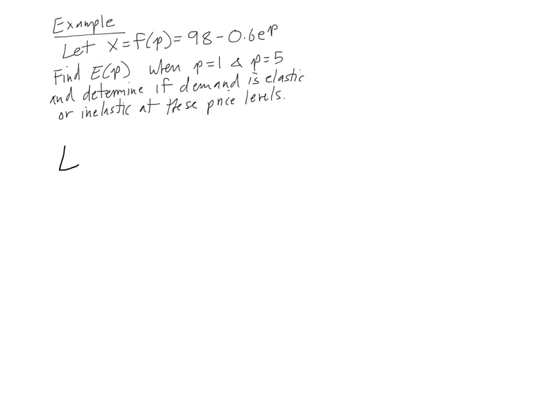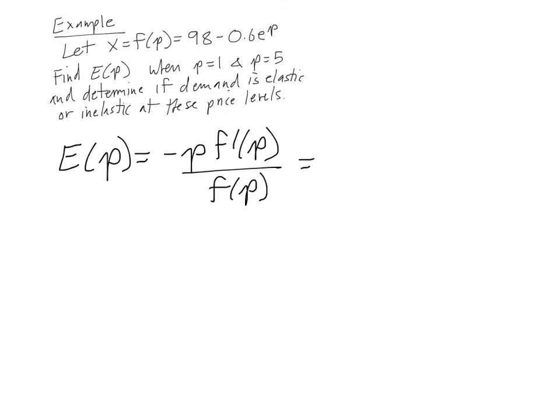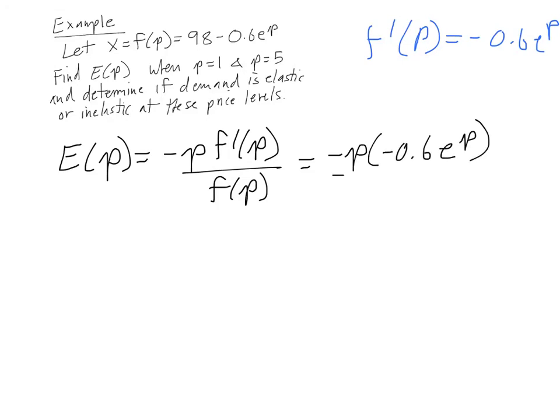The elasticity of demand is minus P, f prime of P, over f of P. And so in our case, the derivative of f is minus 0.6 e to the P. And so we write that in there. We have minus P times minus 0.6 e to the P, and then over 98 minus 0.6 e to the P. And so the negatives cancel.